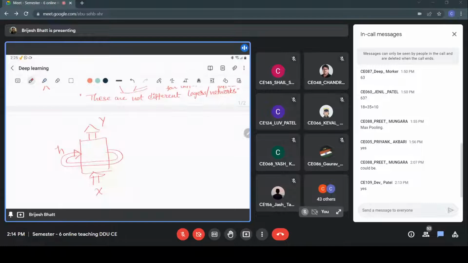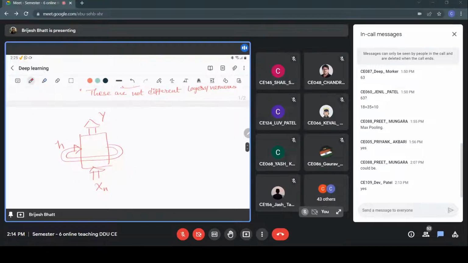So if this is input Xn, the nth input, and Yn is the output, then in order to process input Xn to find output Yn, you will need the previous hidden value, that is Hn minus 1.